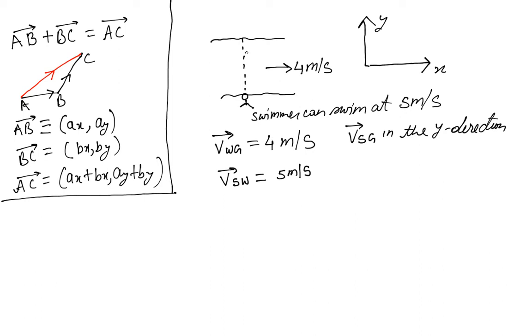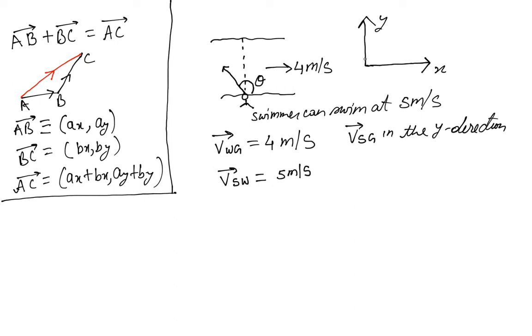If he should start swimming just in the straight up direction, then this stream is going to wash him down the stream, so he'll land somewhere here, which we do not want. We want him to land somewhere here. So he actually needs to start swimming something like this, and let's say the angle it makes with the x-axis is theta, right? Is it clear?